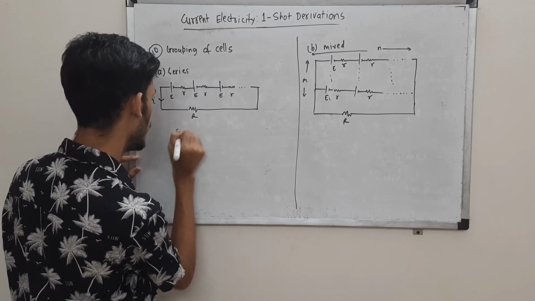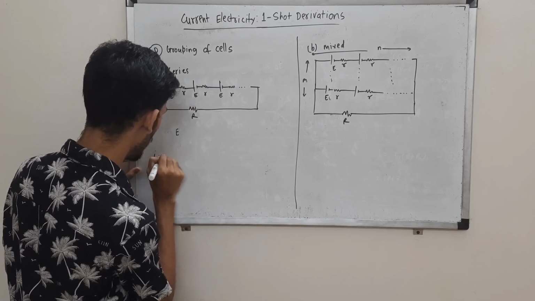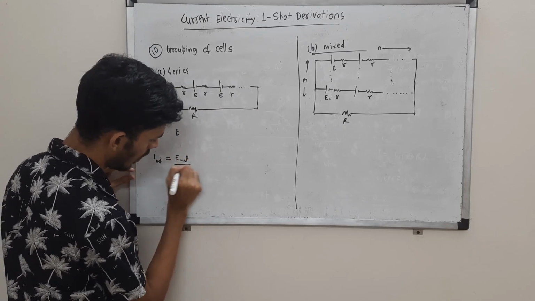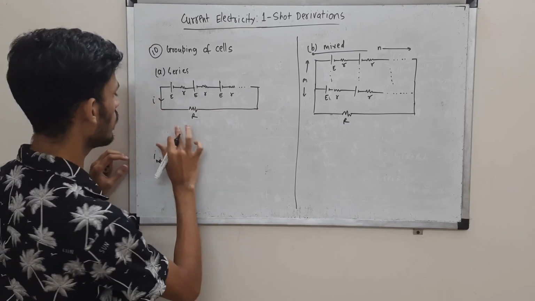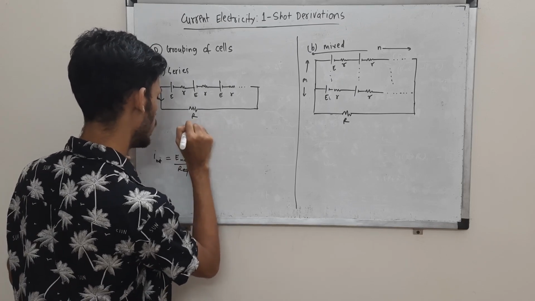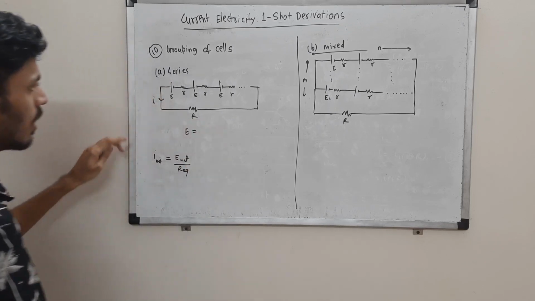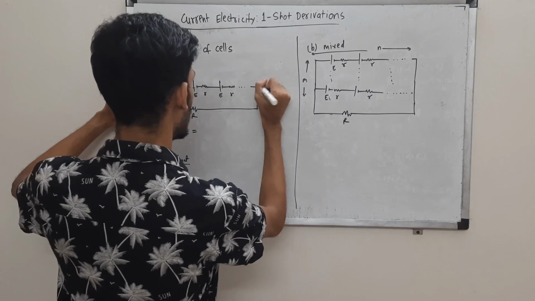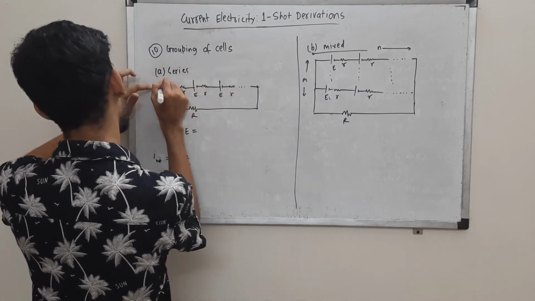If we want to find the net current, I net, for that we need the net EMF and R equivalent, right? So let's try to find them first. If you see, all the cells are in series. What will be the potential drop across this? It will be nothing but N times E, right?